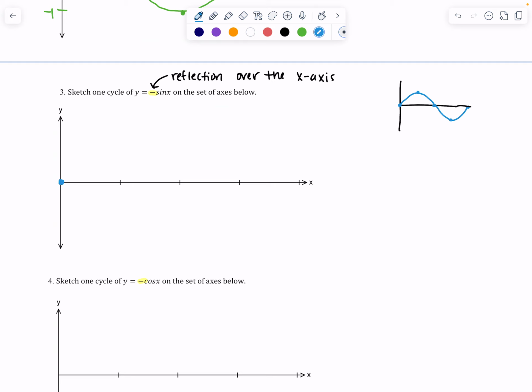So sine will always start at its midline, but instead of going up to its maximum first, it's going to go down to its minimum first, then back to the middle, then it's going to reach its max, then back to the middle. So this is what a reflected sine curve, one cycle of it, would look like.